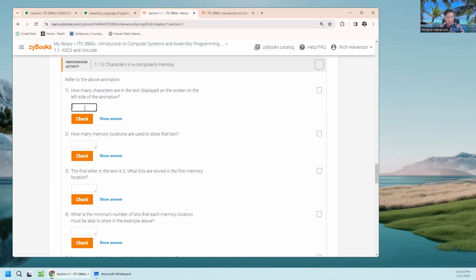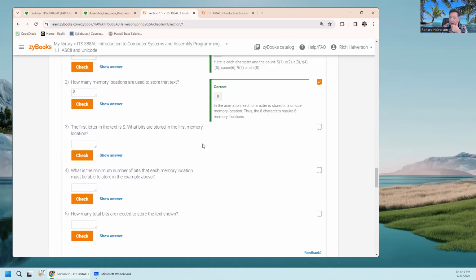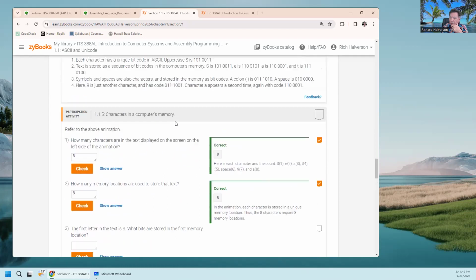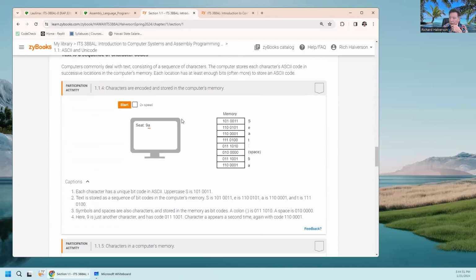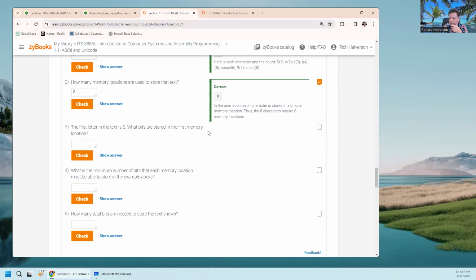Is that right? Yes. How many memory locations are used to store the text? Maybe 8? Oh, look at that. The first letter in the text is S. What bits are stored in the first memory location? S, well, okay, it's 101011.